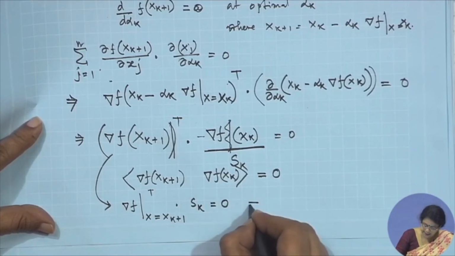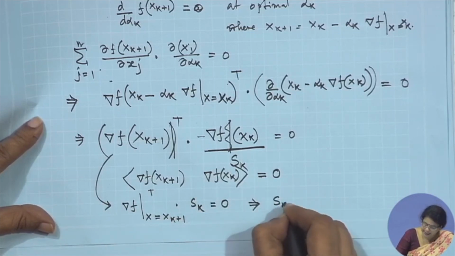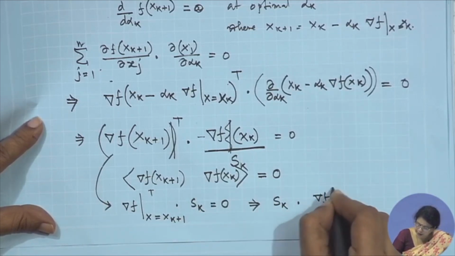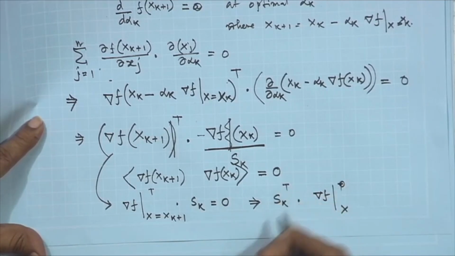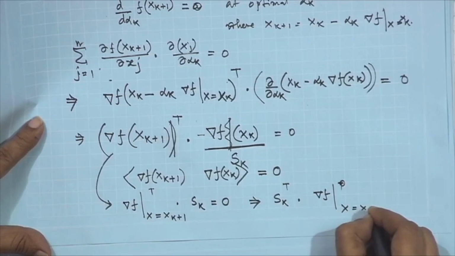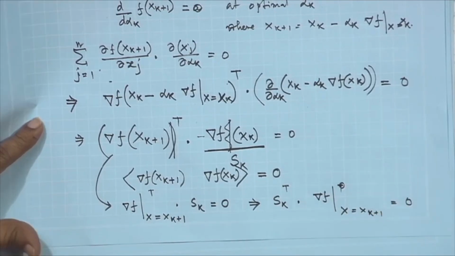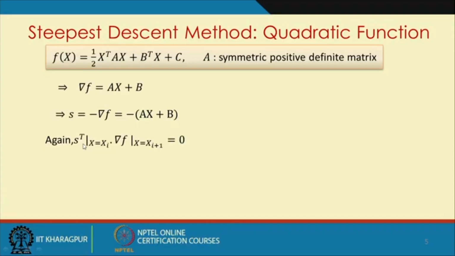Otherwise, if I just take the transpose of the whole case, then we are getting xk dot grad of f, transpose of transpose would be the same, at x equal to xk plus 1 is equal to 0. We can say it. What is xk? Xk is nothing but s at x equal to xk. We are considering the separate index here, i. That is why from here we can directly say this thing, all right.